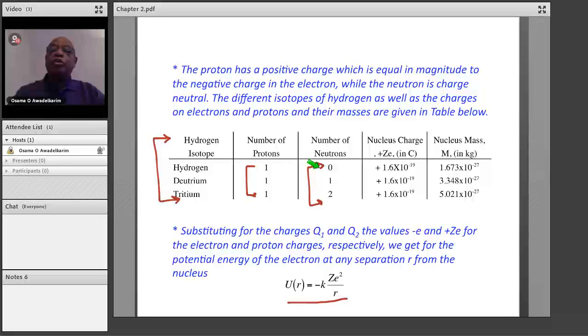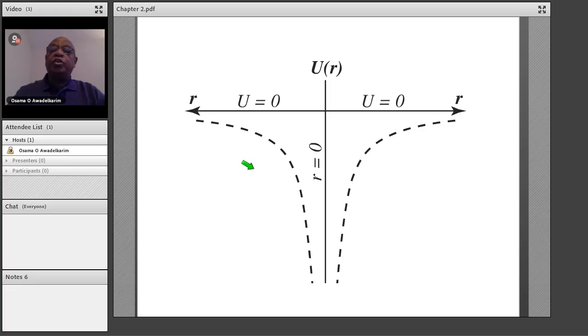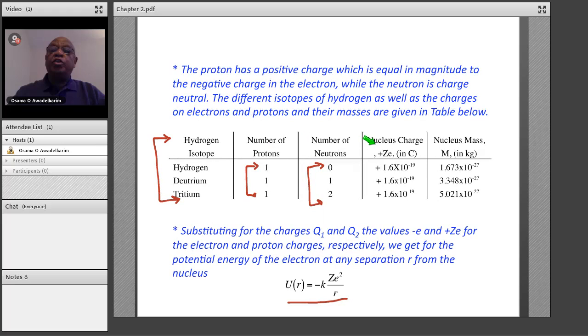So the Coulombic force will only depend on one proton and one electron. So U of r goes as 1 over r, and if I plot 1 over r, it goes like this dotted plot here. And it's negative, right? Because the potential of a negative charge, which is the electron in this case, attracted by a positive nucleus, is negative.